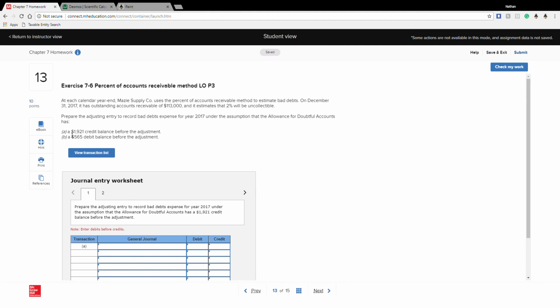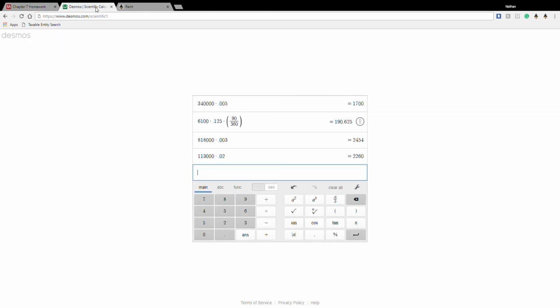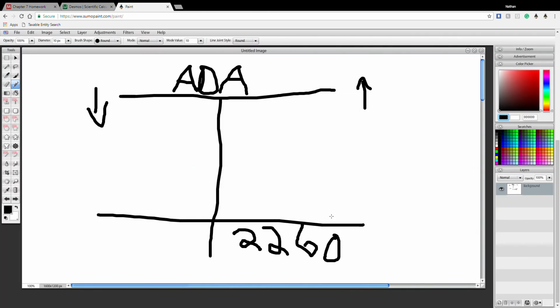So it's going to have us have first a 1,921 credit balance. So if I have my T-chart, I know it originally starts with this 1921. Alright, so from here, I notice that my ending is greater, so that means it had an increase from here to here.